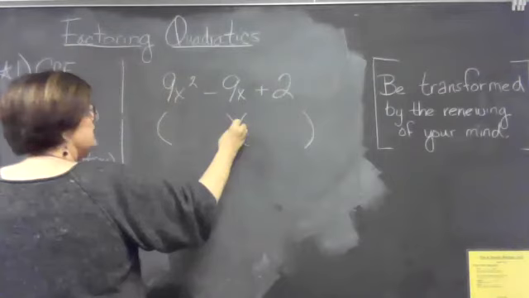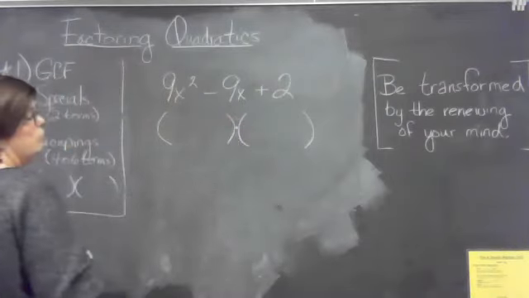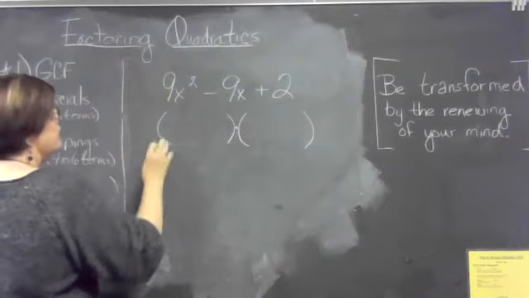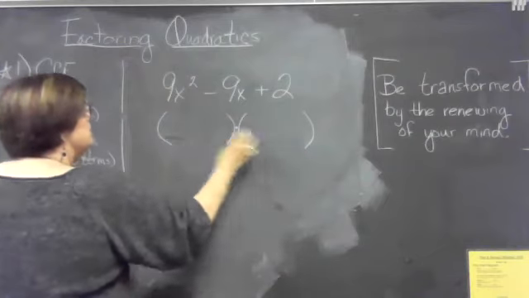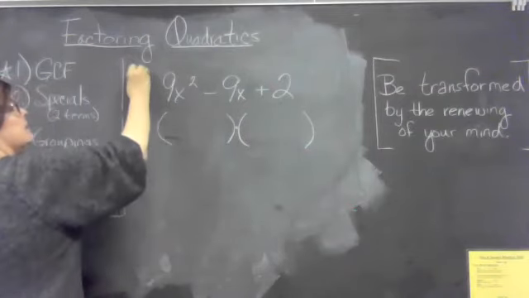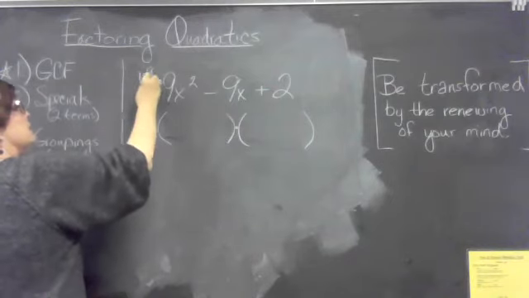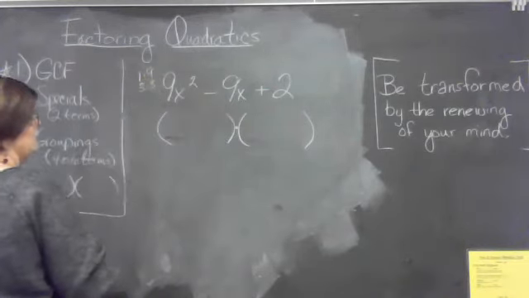Remember, when these are crammed together, it means times. It's an invisible times in there. So what we're going to do is the front times the front gives me the front. Now, there are several things that make 9, several factors, 1 times 9 and 3 times 3, okay?